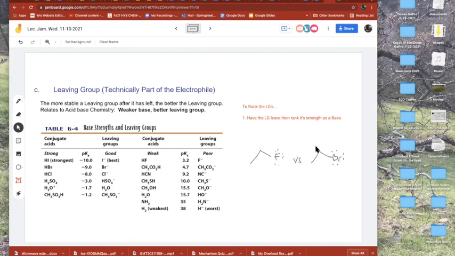So if I have them leave, I have some nucleophile attack them, and I compare the two leaving groups after they've left.